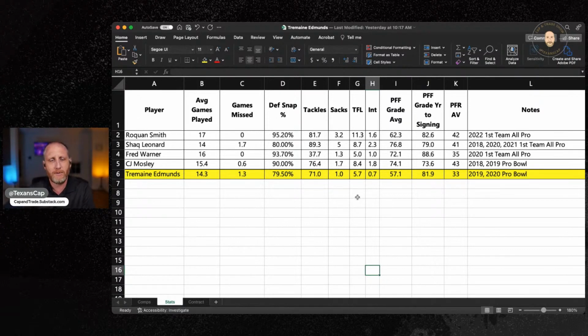Their average depth of tackle, I think Edmunds was a little bit higher, about 3.5 yards of average depth of tackle on running plays. That's about 3 yards past the line of scrimmage. Some of the other players on this list were underneath that, 2.5, 1.5, things like that. But like we talked about in the beginning, the run defense for Edmunds is probably the one weak spot that he might have.